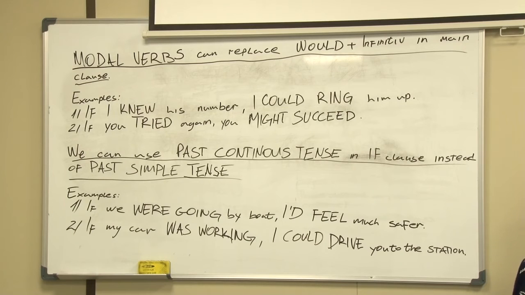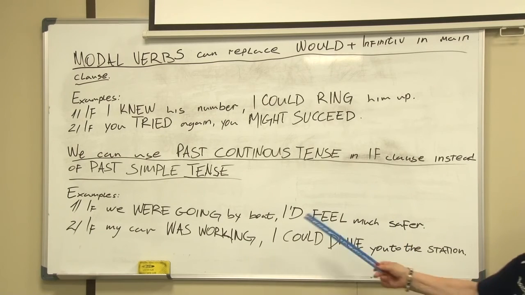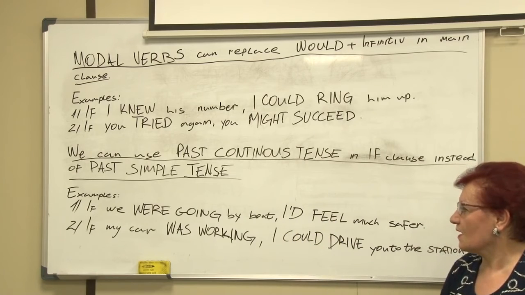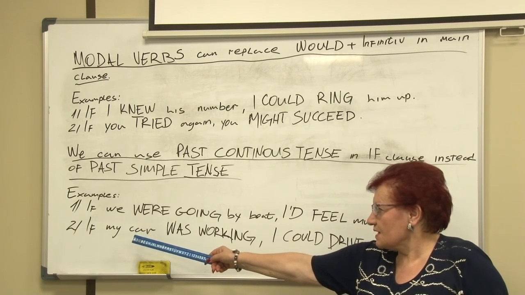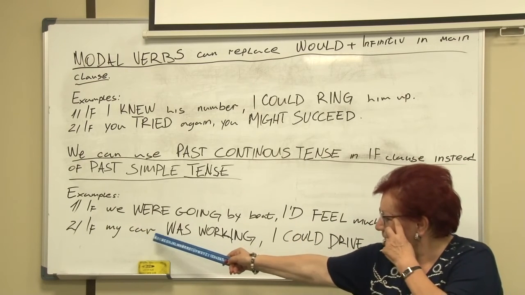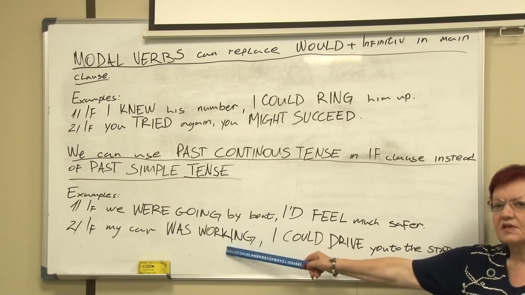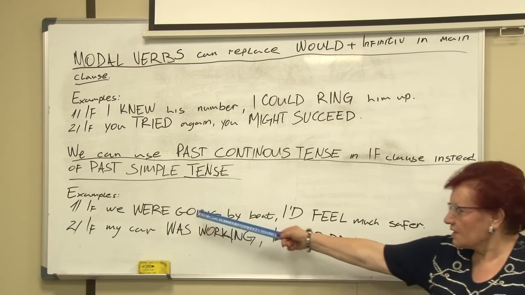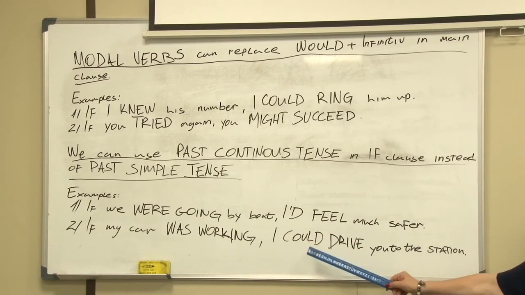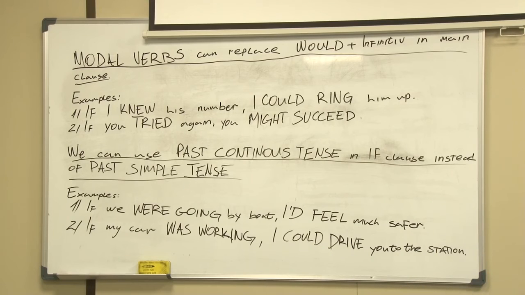Maybe for foreigners it is not always easier than using the full meaning. In the second sentence we have, if my car was working, that is again continuous tense, like in the previous one, I could drive you to the station.